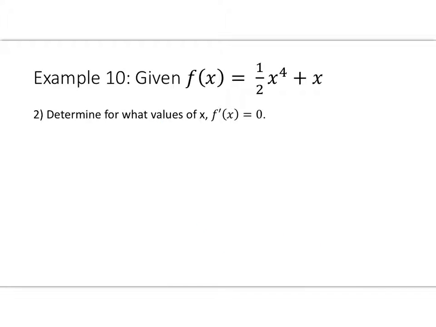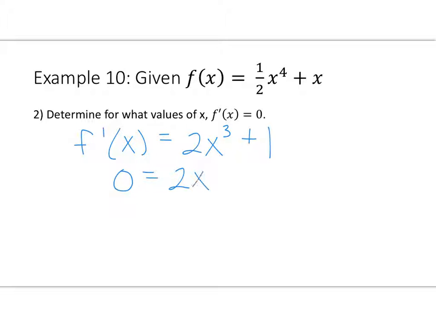Okay, so using the same function f of x equals 1/2 x to the fourth plus x, the second thing we want to figure out is for what values of x is the derivative equal to 0. Okay, well we already know what the derivative was. We said f prime of x was equal to 2x to the third plus 1. So we want to know when that is equal to 0. Okay, so I'm going to subtract 1.